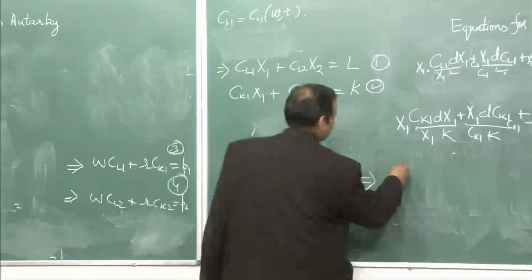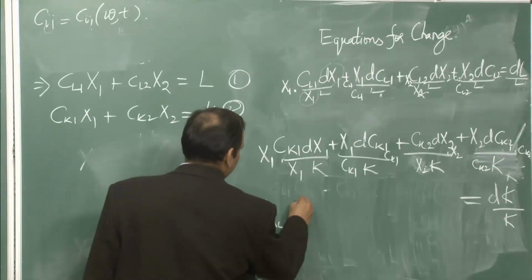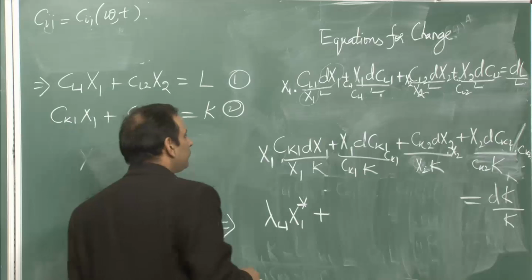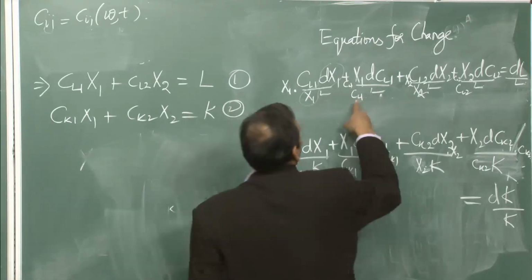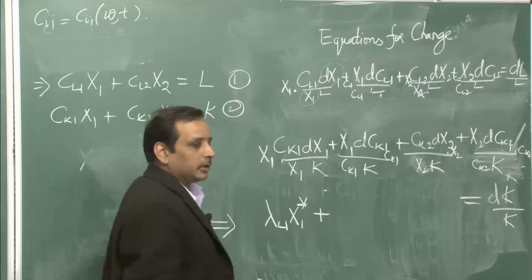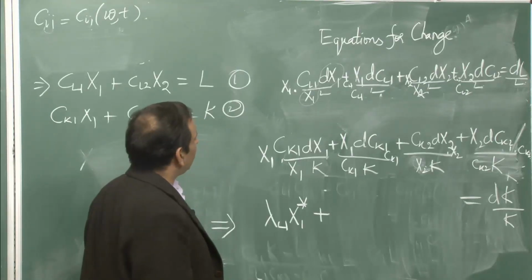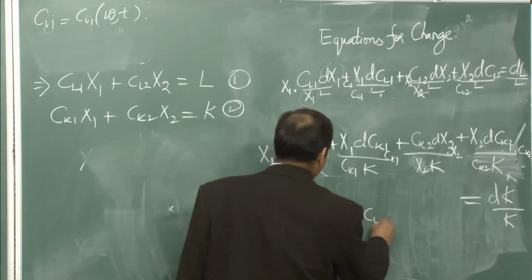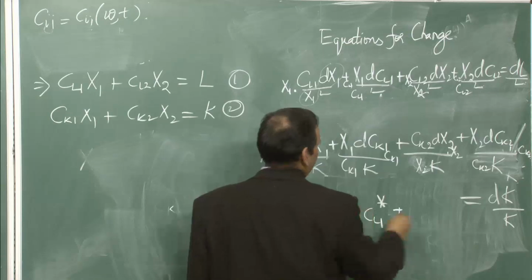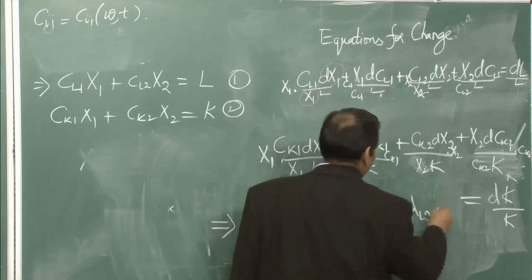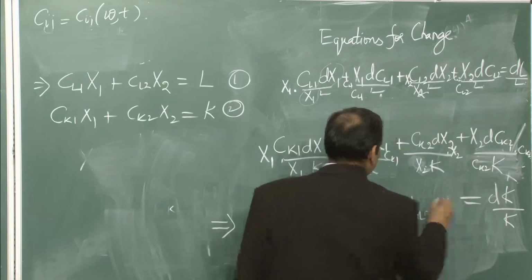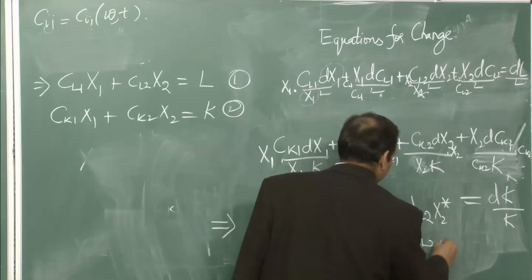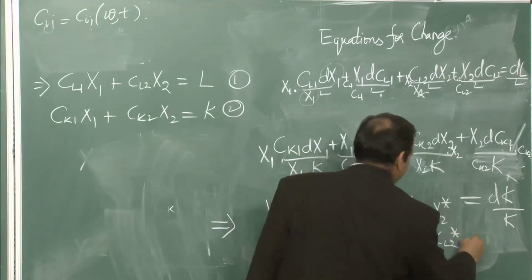Call that lambda L1 x1 star plus, now dCl1 by Cl1 is the proportionate change in Cl1. So, this would become lambda L1 Cl1 star, this would become lambda L2 x2 star, this would become lambda L2 Cl2 star, and this is L star.